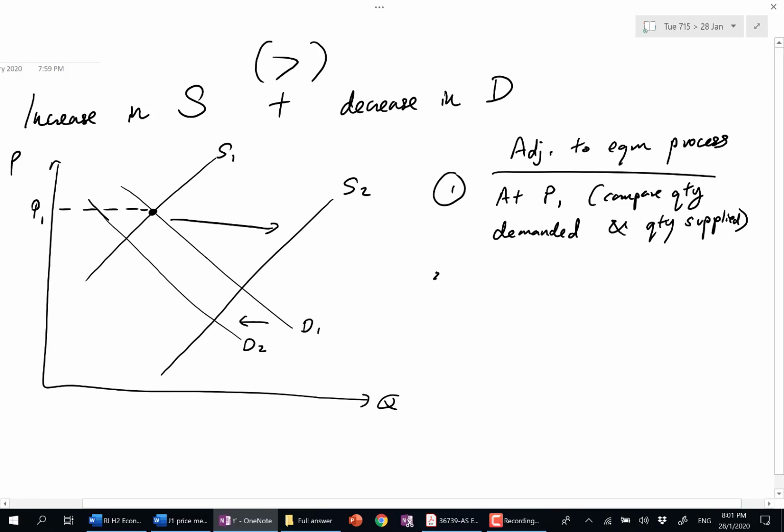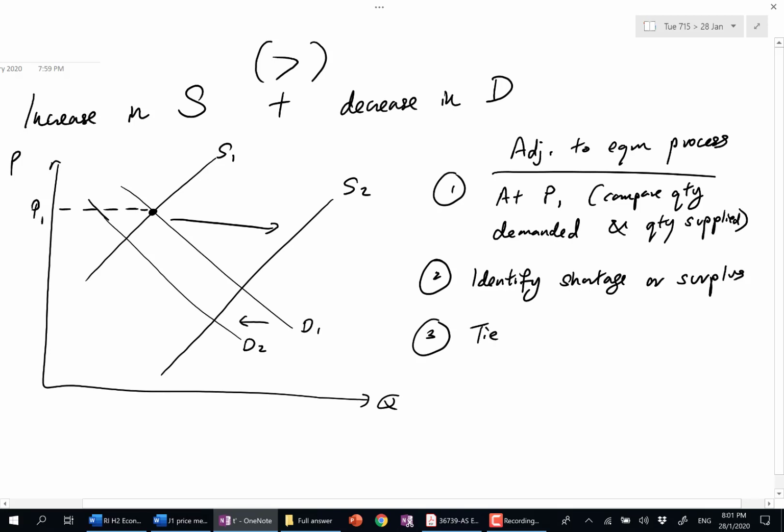Second step, you need to identify a shortage or a surplus. Okay. So after you compare QD and QS, you find a shortage or surplus.